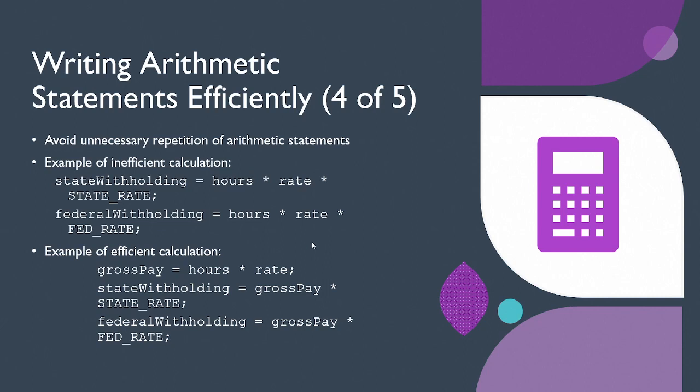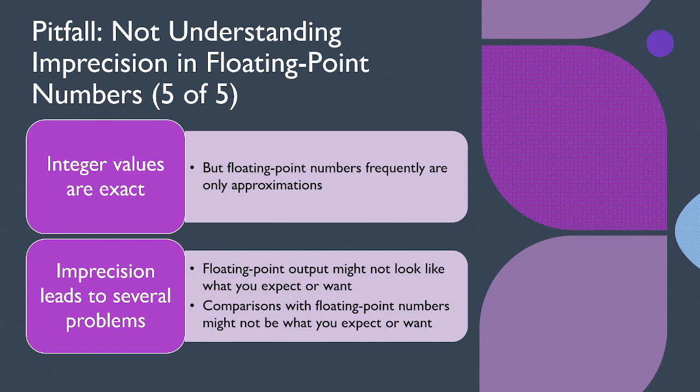Kind of look at any redundancy and figure out if you can abstract the variables better. And finally, know that imprecision of decimals leads to problems in the math. If you get something you don't expect or want, it might be a double or float error. And that's kind of what you need to know at this point about arithmetic operations.